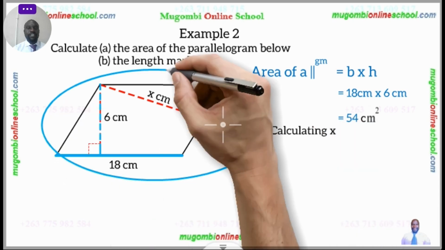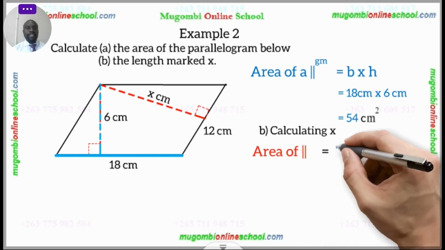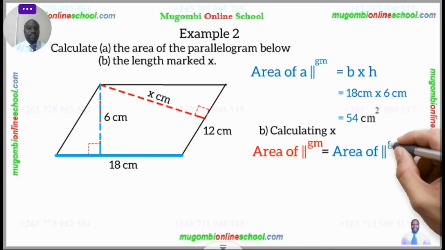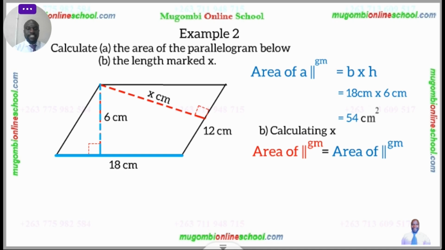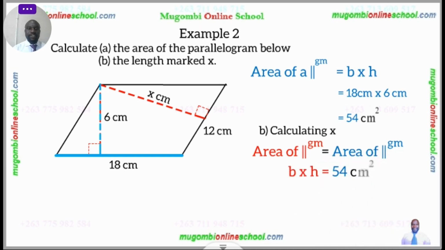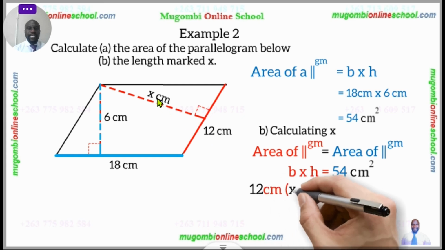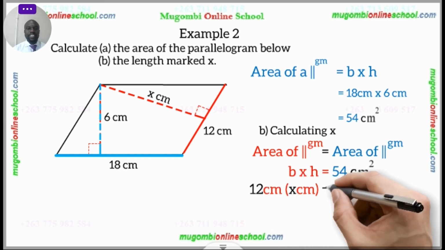Let us now move on to part B, which says calculate x. Using the same parallelogram, area is just the same because it is the same diagram. So base times height is equal to 54 squared centimeters. Taking this base now, then this becomes our height because this has got a right angle. So 12 by x is equal to 54 squared centimeters.